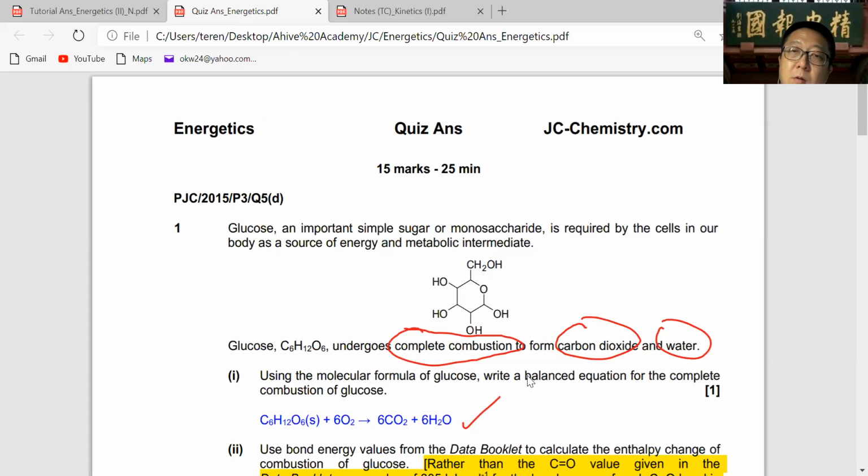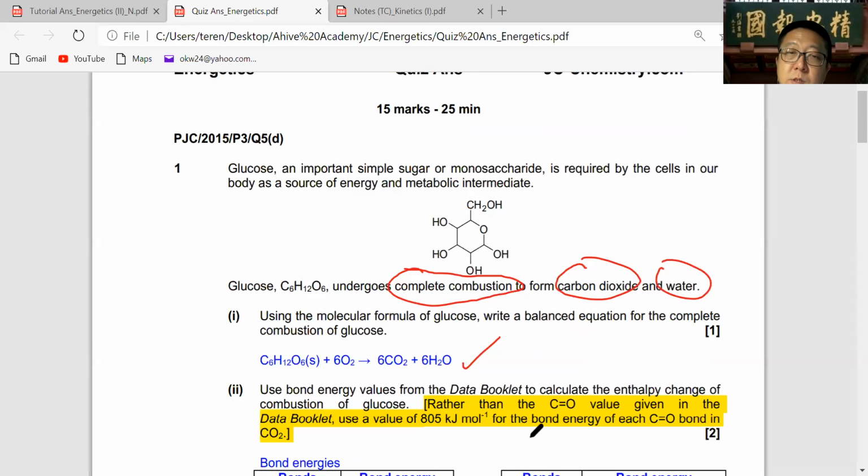So you need to know exactly how many bonds will be broken in order to calculate your enthalpy change, the delta H. You can see from the comment, rather than using the C double bond O, they want you to use a value for each C-O bond inside your CO2. So this is what they actually ask you to do.